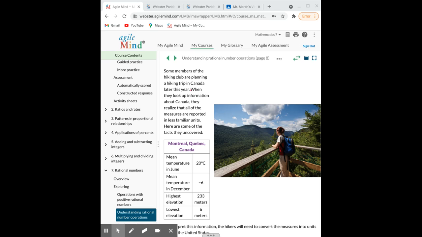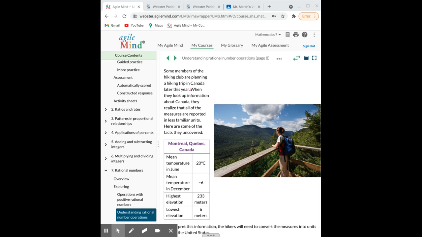Some members of the hiking club are planning a hiking trip in Canada later this year. When they look up information about Canada, they realize that all of the measures are reported in less familiar units. Here are some of the facts they uncovered. Montreal, Quebec, Canada.